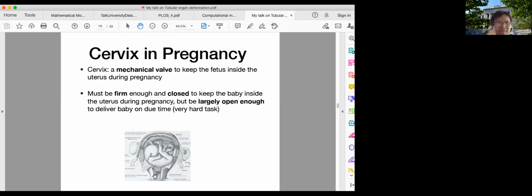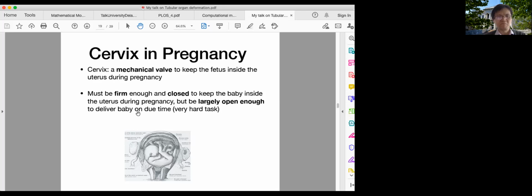And so the cervix here must be very firm and also closed in pregnancy to keep the baby inside the uterus. But near the due date, the cervix must be largely open enough to deliver the baby. So this is a very hard task. The cervix must be closed before and open later.